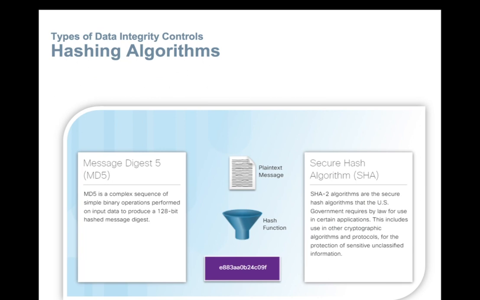MD5 is a one-way function that makes it easy to compute a hash from the given input data, but makes it very difficult to compute input data given only a hash value. MD5 produces a 128-bit hash value.